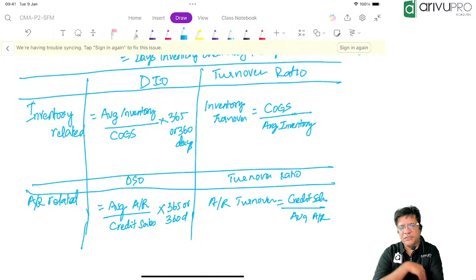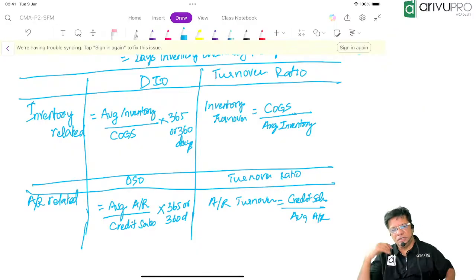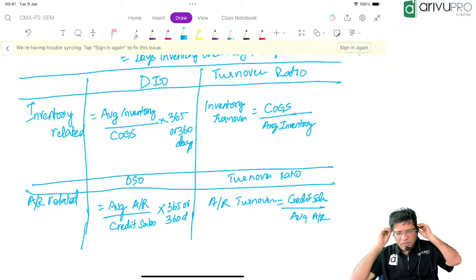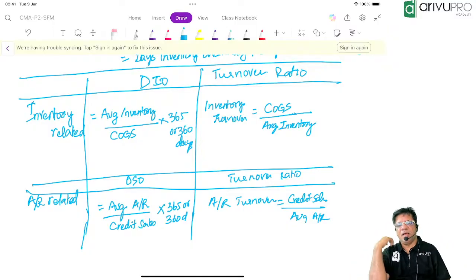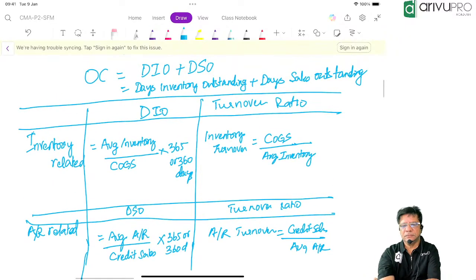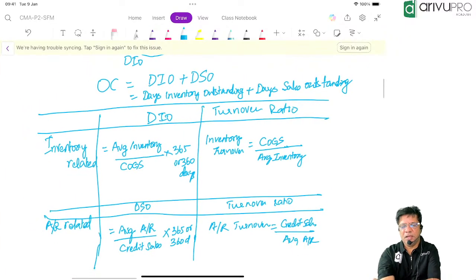Inventory related: DIO, days inventory outstanding. How to calculate that? Average inventory divided by cost of goods sold. COGS means cost of goods sold. Because inventory is what?